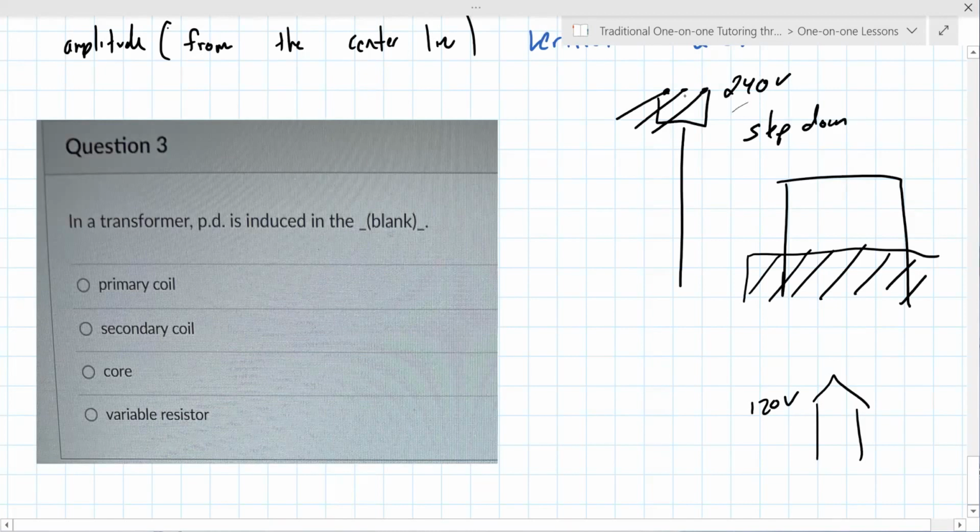Because you can't run this directly to your home. It would be really bad. So there's step down, and then there's also what are called step up transformers, depending on the situation. So they usually step it up from the power plant because it has to be at a higher voltage to run and a higher current to run longer distances.